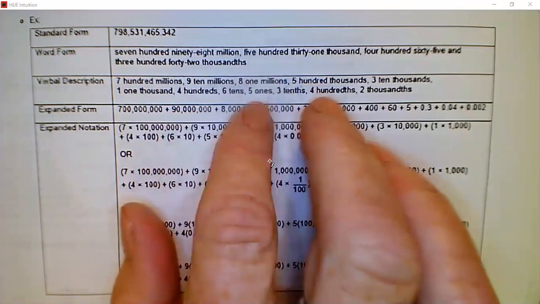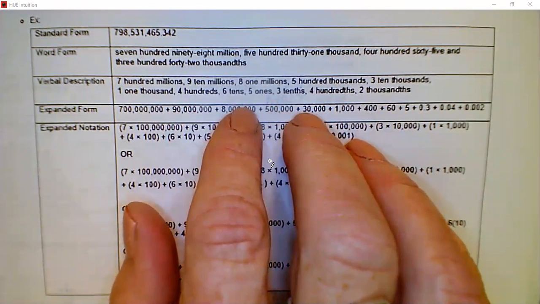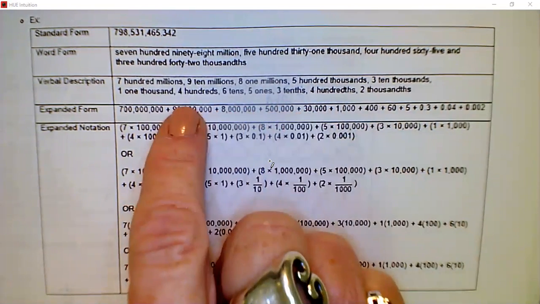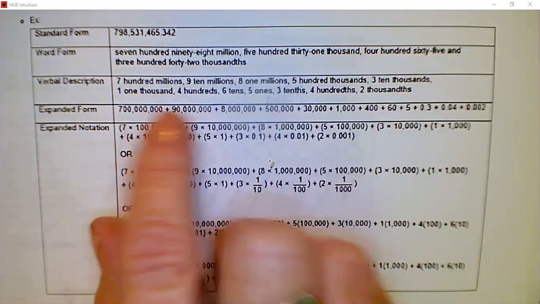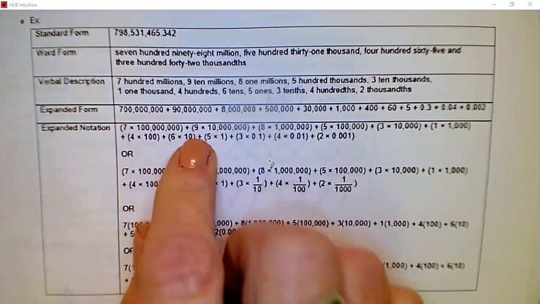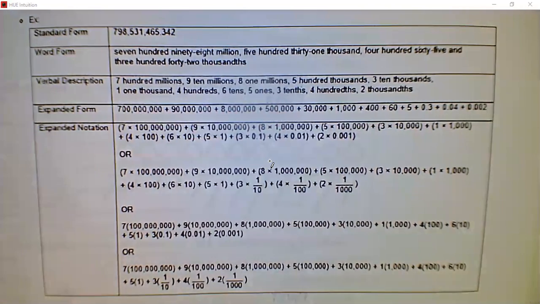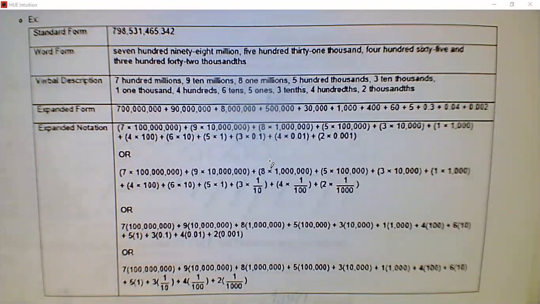If it's just randomly adding these numbers together, it is simply an addition expression. But if it is adding these numbers together by place value in order, it is expanded form. And again, expanded notation is just taking the value of each digit times the value of its place, okay? So again, another visual description of all the forms of a number for you.